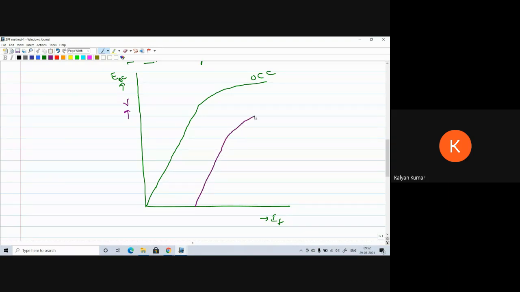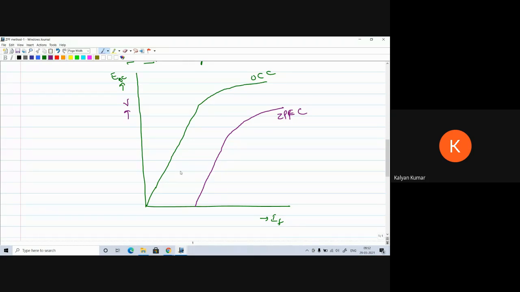This zero power factor characteristic curve, ZPFC, will be similar to that of the OCC. It is almost similar to the OCC, and it is displaced from the OCC by a value equal to the field excitation or field current required to overcome the armature reaction.